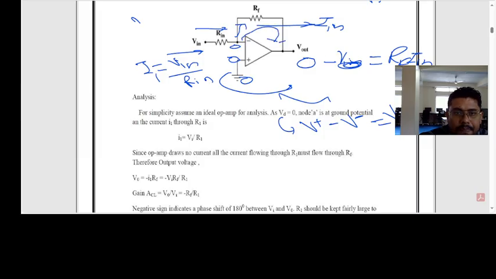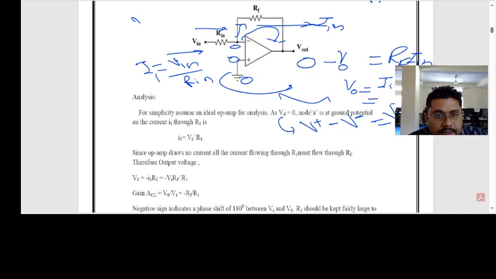Rearranging, V output equals minus I in into RF, and I in is V in divided by R in.